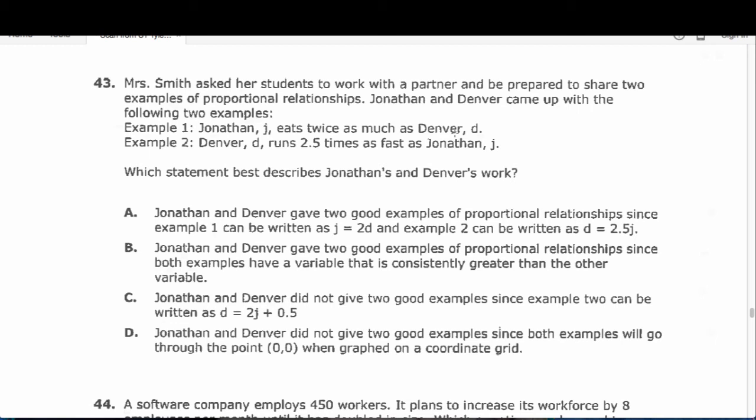C. Jonathan and Denver did not give 2 good examples, since example 2 can be written as D equals 2J plus 0.5. D. Jonathan and Denver did not give 2 good examples, since both examples will go through the point (0, 0) when graphed on a coordinate grid.